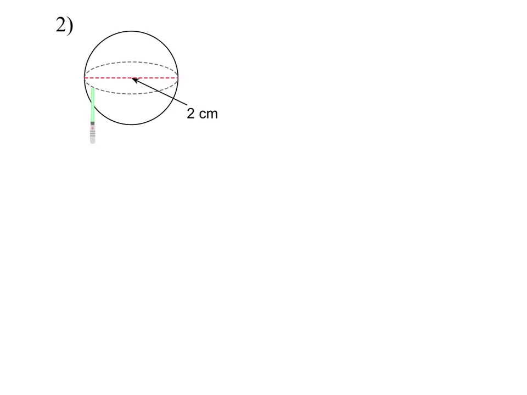The next one, I have that the diameter is 2 centimeters. So that means the radius is 1. So my volume equals 4/3 of pi times 1 cubed, centimeters cubed. That means this equals 4.19 centimeters cubed.